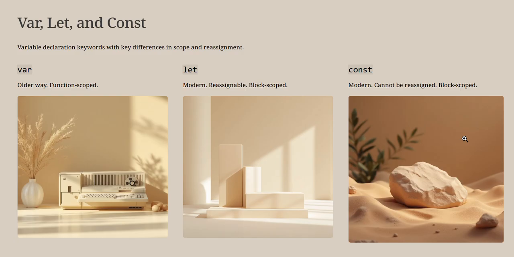So now let us discuss the differences between var, let, and const. These are variable declaration keywords with key differences in scope and reassignment. var is older and has function scope, let is modern, can be reassigned, and has block scope, and const is modern, cannot be reassigned, and has block scope.